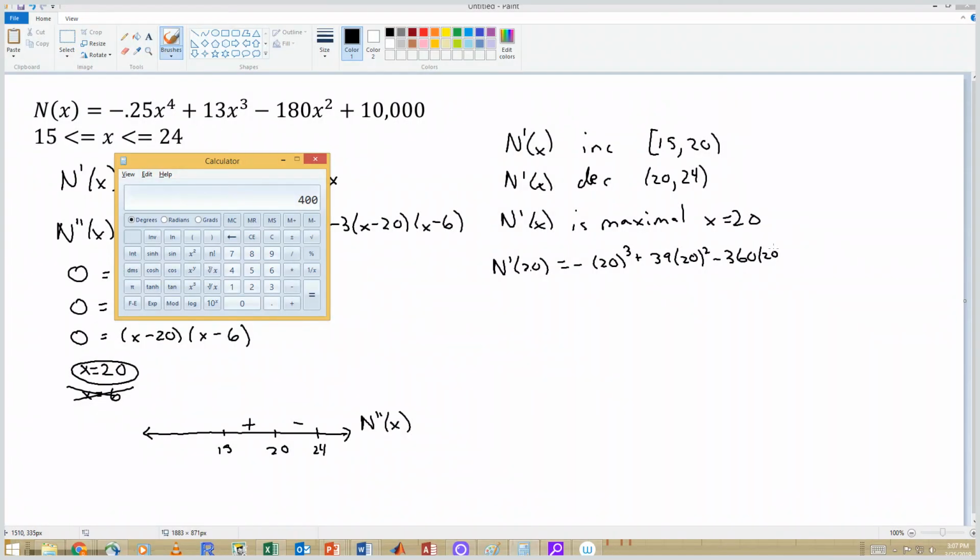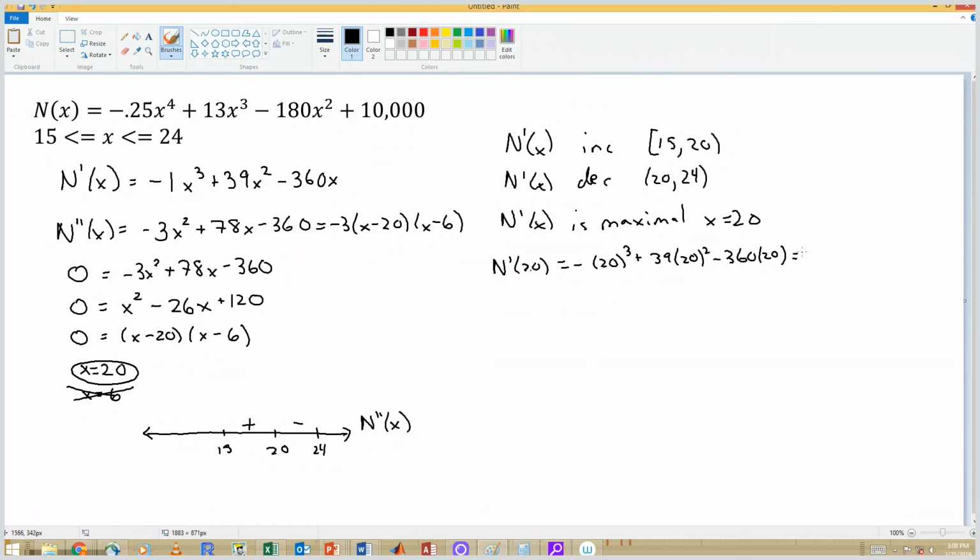I need a calculator. Negative 20 cubed plus 39 times 20 squared minus 360 times 20 is 400. So this is equal to 400.